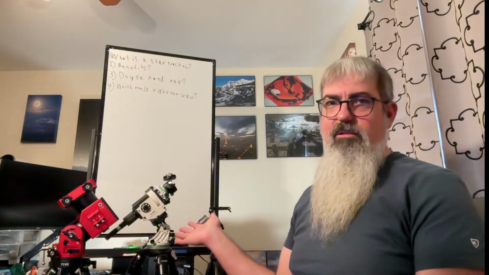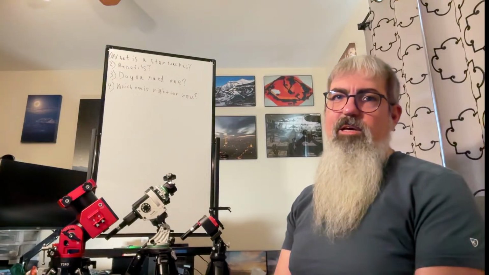And so in order to prevent the sky from appearing to move in your images, when you're taking a long exposure, more than probably 10 to 60 seconds, depending on how wide your lens is, you're going to start to see trailing in your images. And so if you want an exposure that's longer than that, you need a star tracker like this. And so it basically just counters the Earth's rotation.